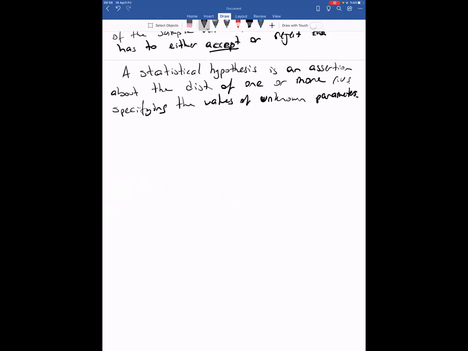In one type, we specify the whole distribution of a random variable completely. So if the hypothesis completely specifies the distribution, then it is called a simple hypothesis.